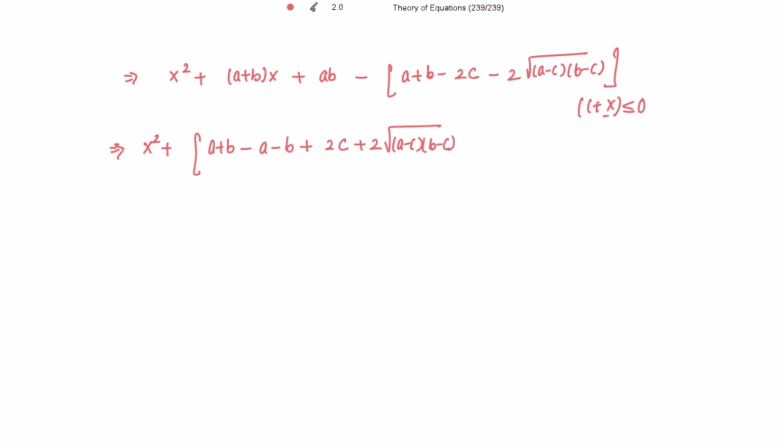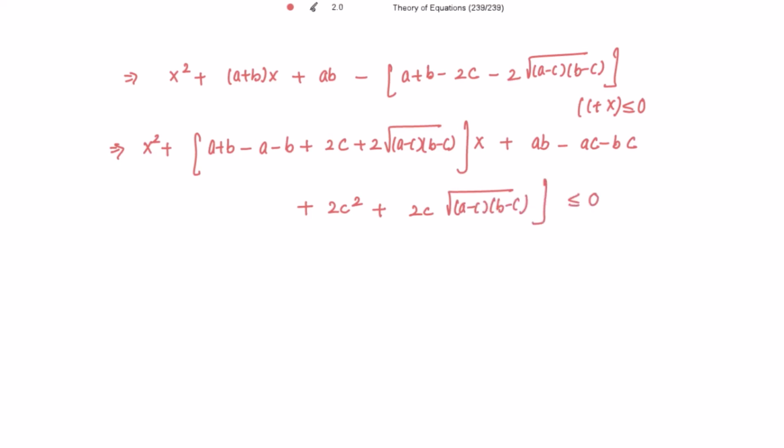This x is multiplied with this complete bracket, and then the remaining constants: ab − ac − bc + 2c² + 2c√((a − c)(b − c)) ≤ 0.